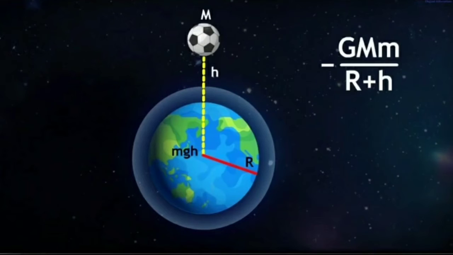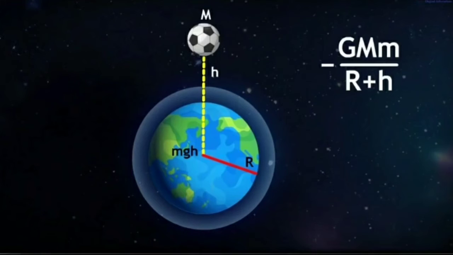Are you getting what I am trying to say? If the object is at infinite distance from the earth, there will be no force of gravitation, right? So the value of g is 0, and earth's gravitational force will not act on that object.